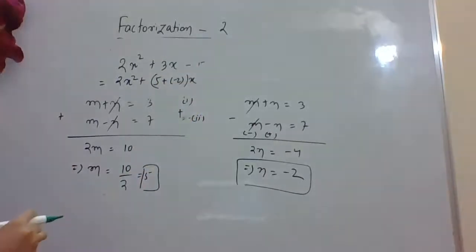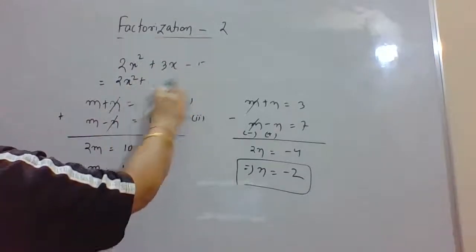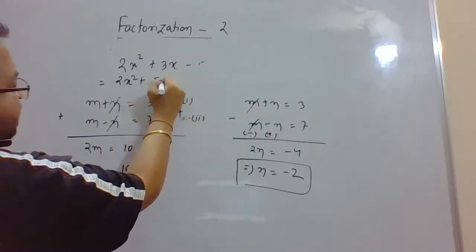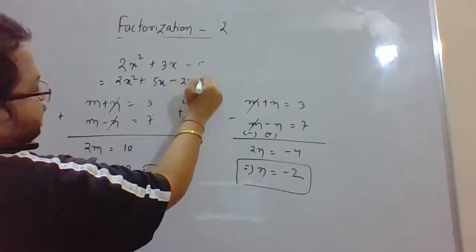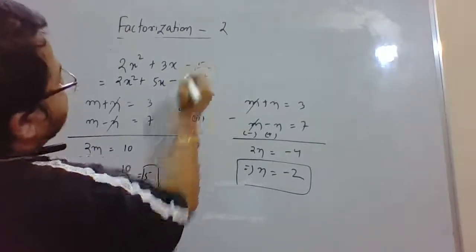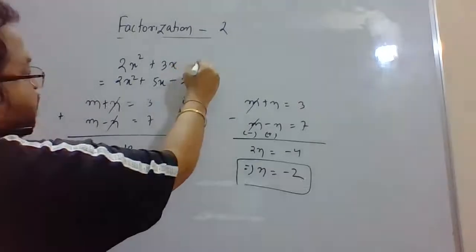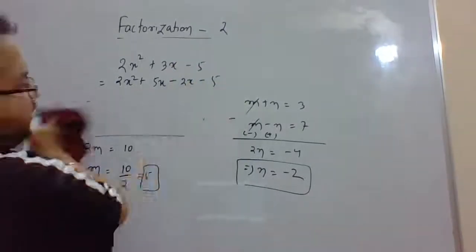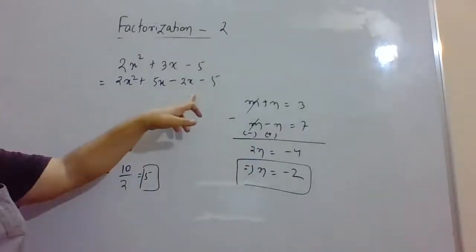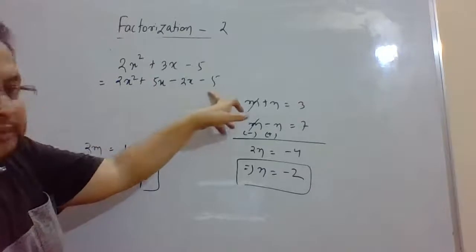Or you can directly write like this, that rather than 3x you can write 5x minus 2x, minus the last term, which was 5, or 15. So now we have come back to your first style, that we have got 4 terms and there's nothing common across them.